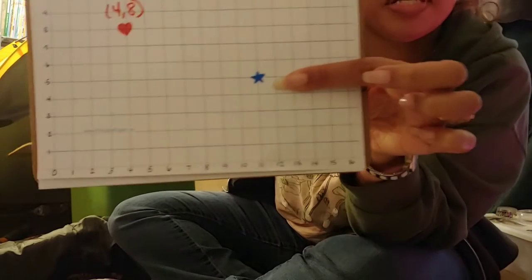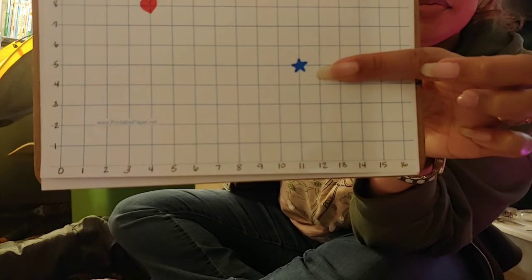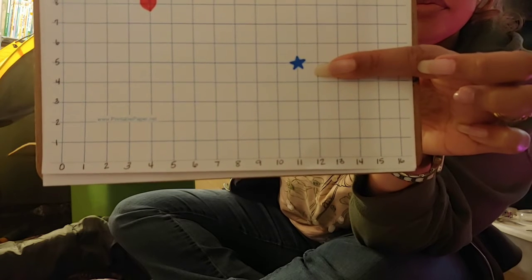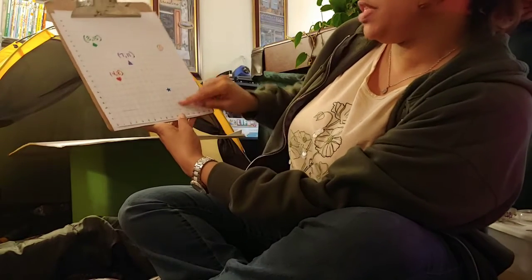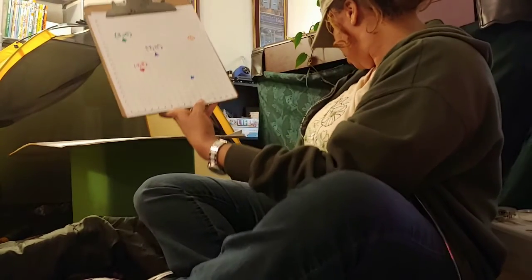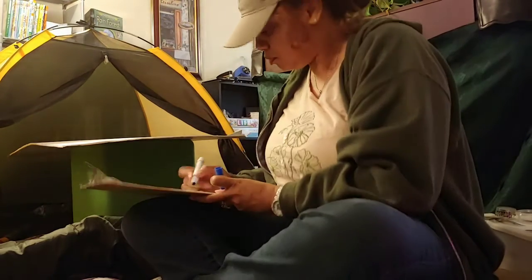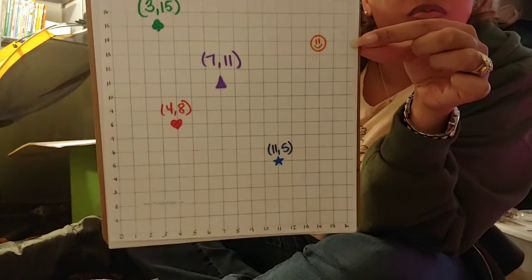What would the coordinates be for the star? If you said 11 and 5, you are correct. And we still have our happy face here.